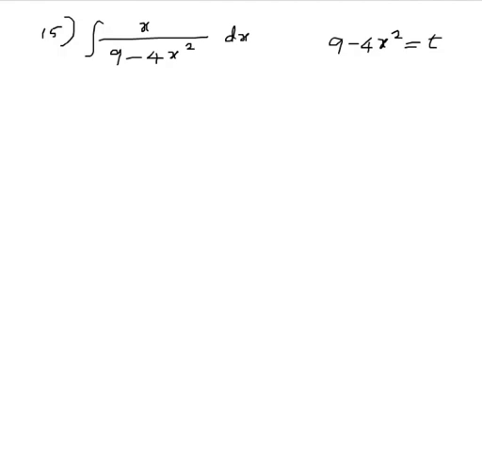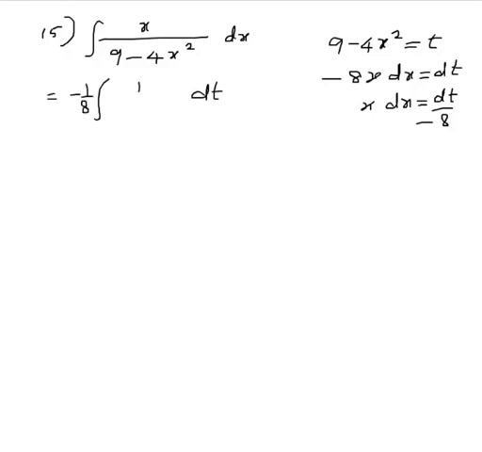Differential of 9 is 0 and this is minus 8x dx equals dt. So x dx is dt divided by minus 8. Constant is written outside. 1 divided by, I have already substituted for x dx.